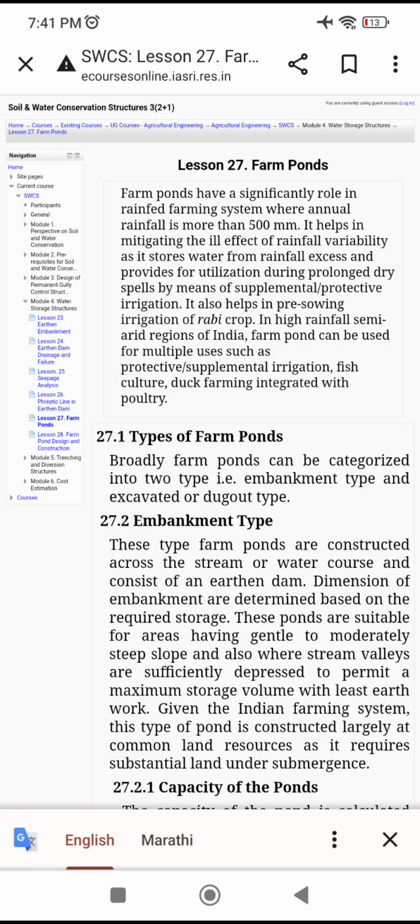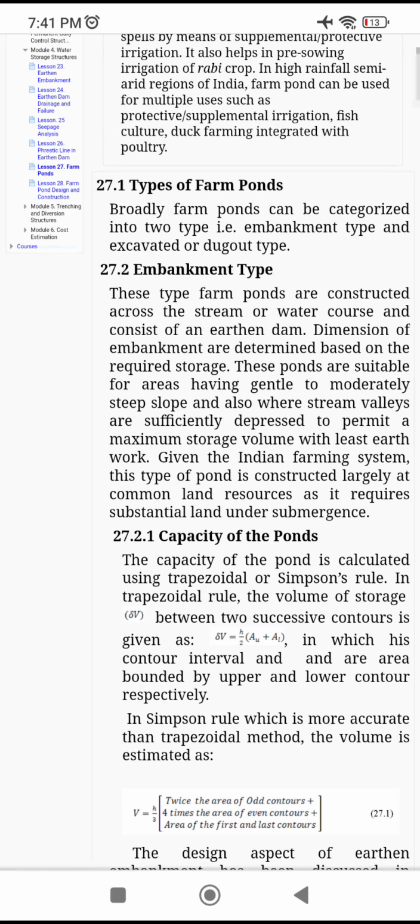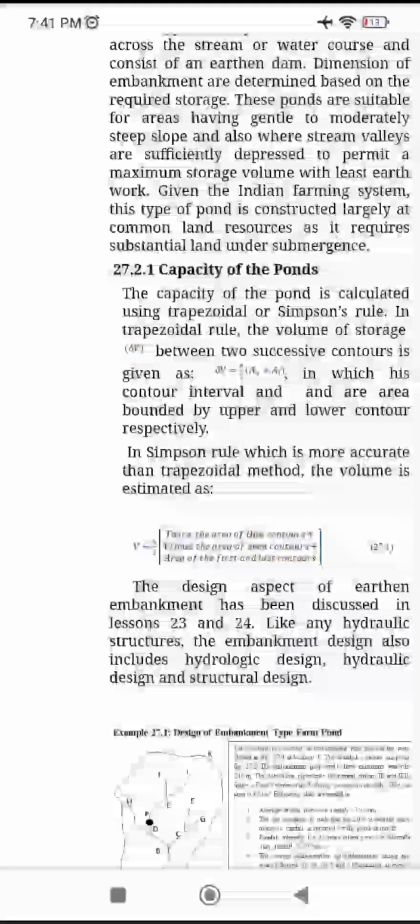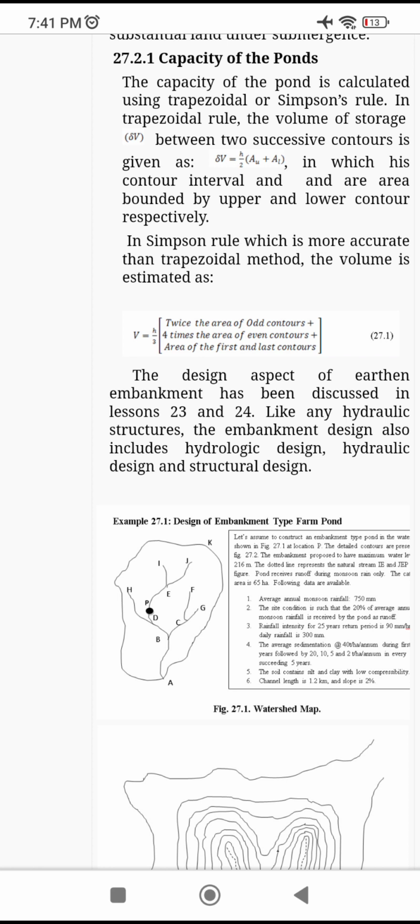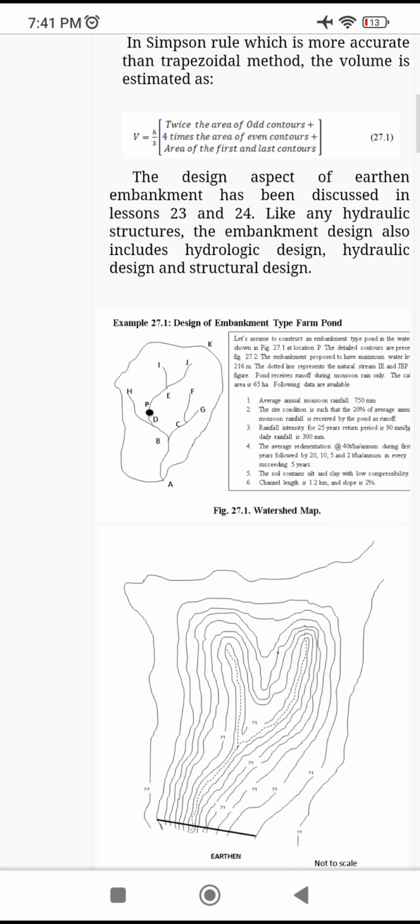Then this is an important topic, farm pond. In case of farm pond, there are some criteria. The water depth should be how much, so you should go through that one. And here the capacity of the pond we can find using the trapezoidal formula or Simpson's rule. So see, V is equal to H by 3 times, twice the area of odd contours, 4 times the area of even contours, plus the area of the first and last contour.